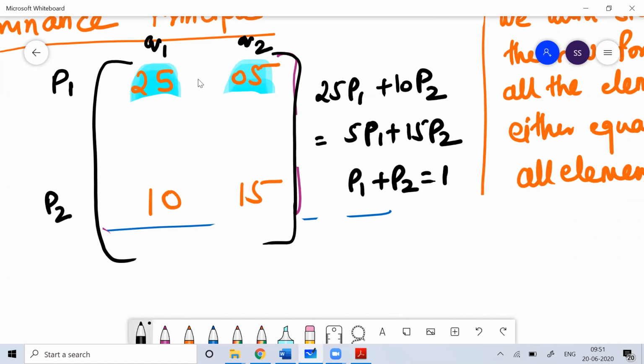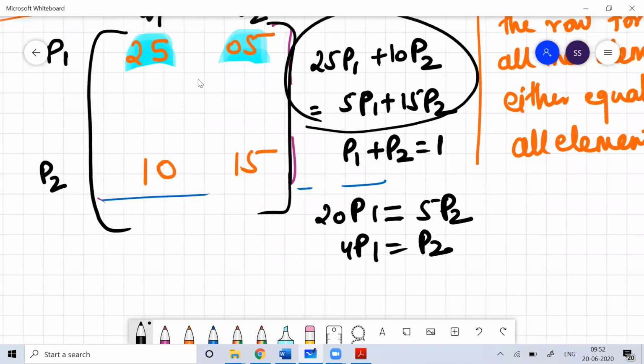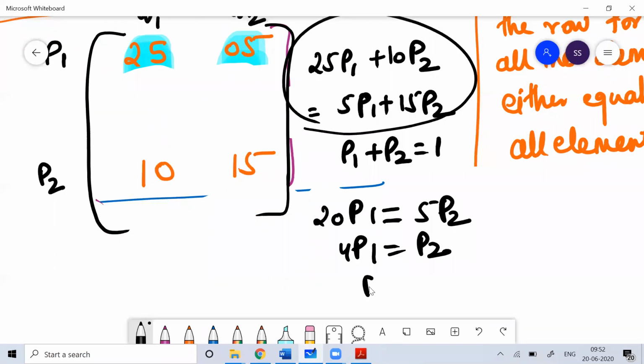So if I solve this equation, bring 5 to this side, it becomes 20p1, and bring 10 to this side, so 20p1 is equal to 5p2. So 4p1 is equal to p2, which means p1 is equal to p2 by 4.